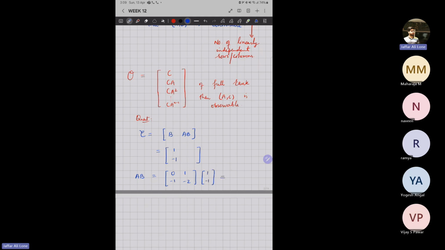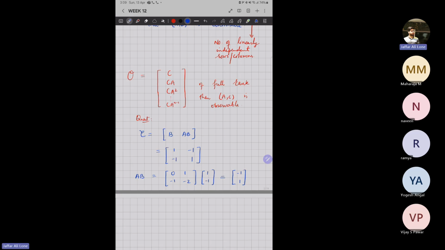I hope everybody is comfortable in multiplying matrices. Then it will be [-1; 1]. Therefore my MathCal C will be [1, -1; -1, 1], right?